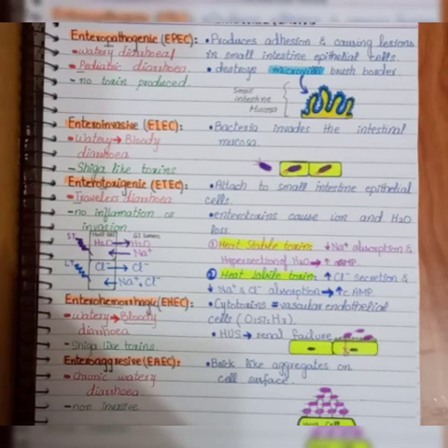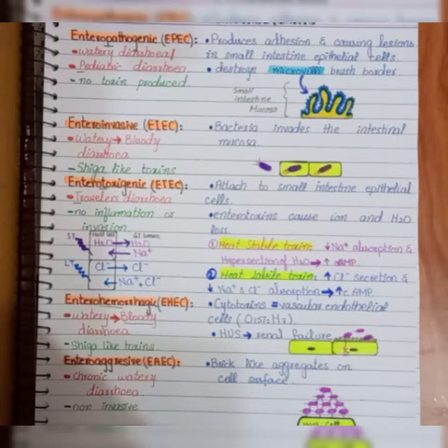Next we have the enteroinvasive E. coli or EIEC, and it will cause watery diarrhea. Then after it will cause bloody diarrhea, because they have the Shiga-like toxin that will cause the bloody diarrhea. And what is the mechanism of the enteroinvasive E. coli?